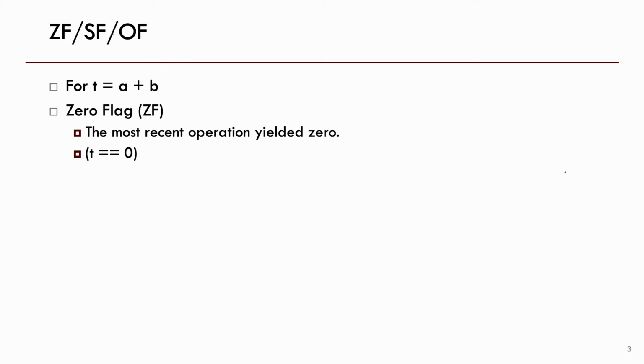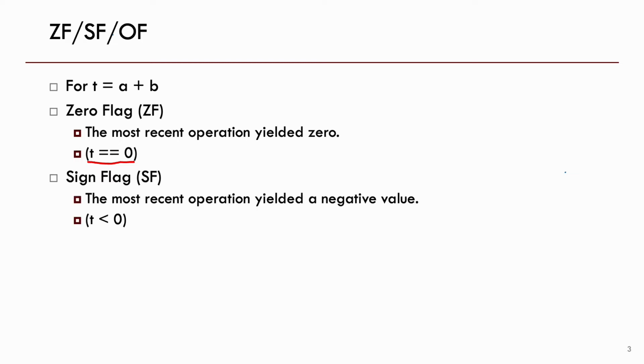Okay, so as far as these 3 bits of condition code, let's take t equals a plus b as an operation in the ALU. For the zero flag, it is simple. We set this flag when t equals 0. For the sign flag, we set this bit when t is less than 0.